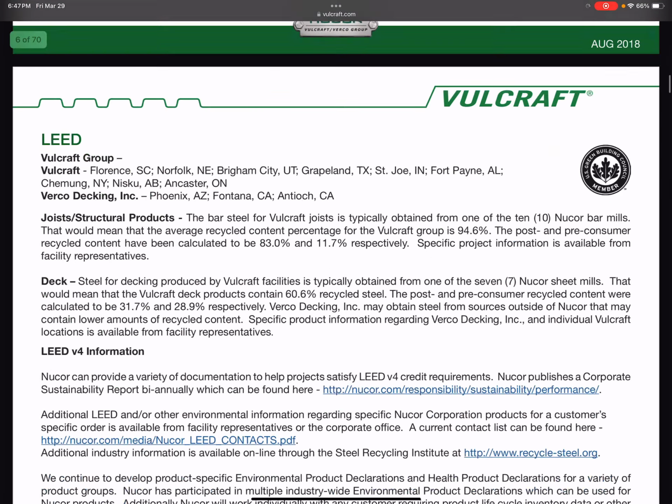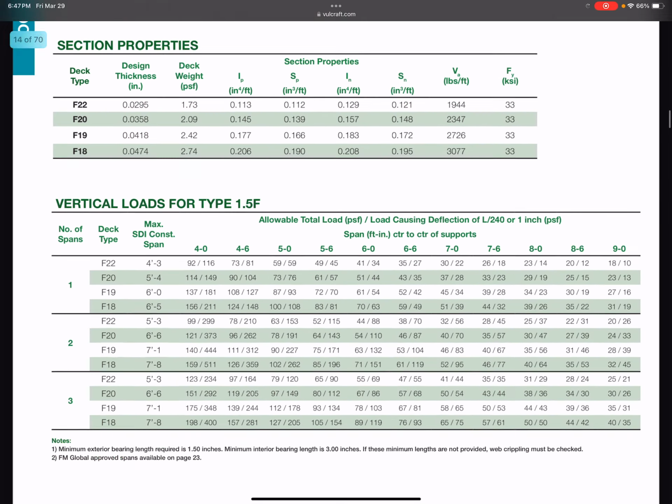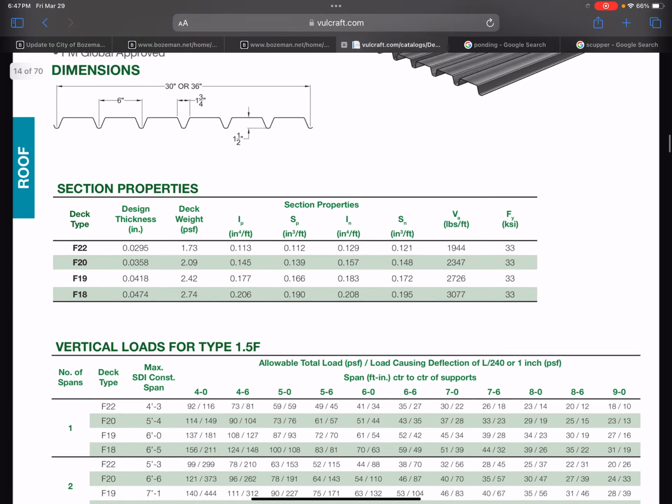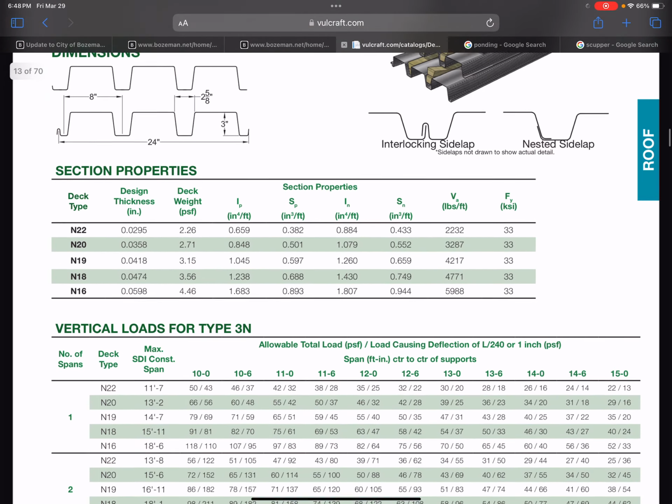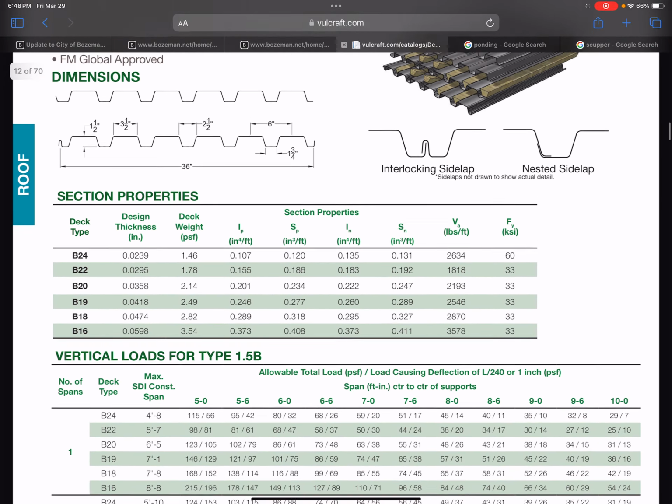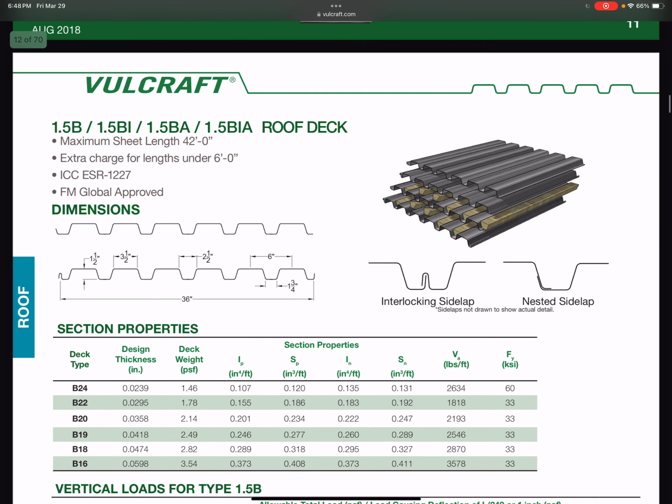So if we go down here, 1.5 inch steel deck, which is called 1.5B. I think it's back up here. 3-inch, here we are, right? So it looks something like this. You can get it in acoustical, so that's in this kind of ISO 3D view up in the top right-hand corner.